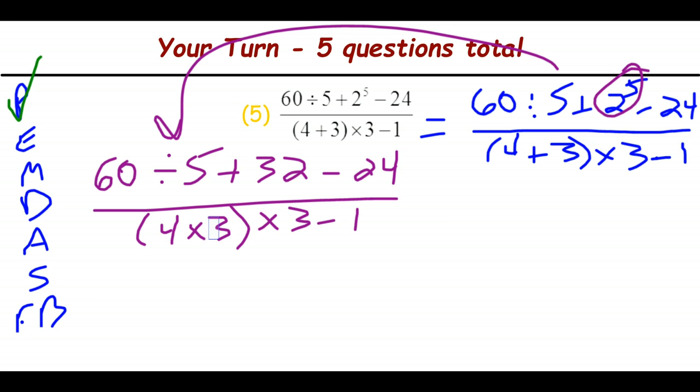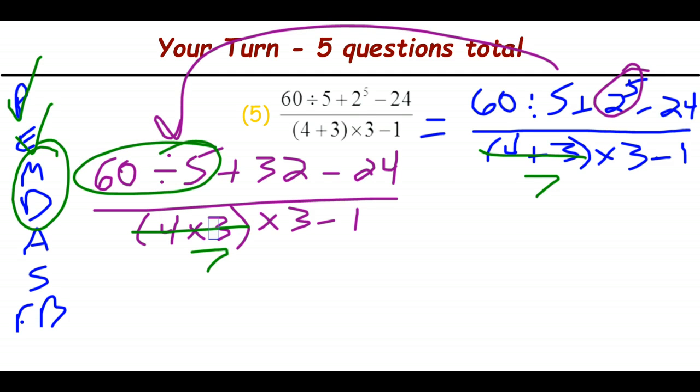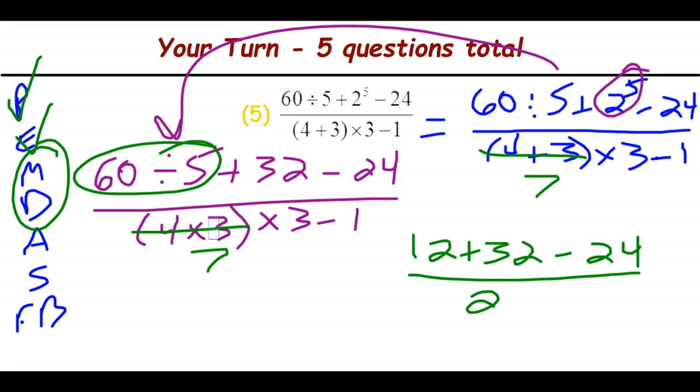Next, that's parentheses, that's exponents. Now multiplication and division. That's 7. 7 times 3 plus 1. Now we get to our multiplication and division. We have division up top: we have 12 plus 32 minus 24. On the bottom we have multiplication also, 21 minus 1.